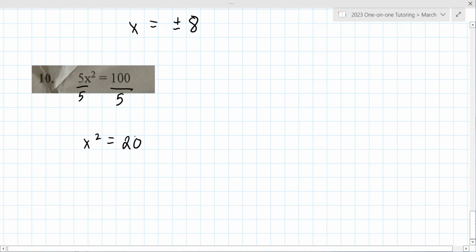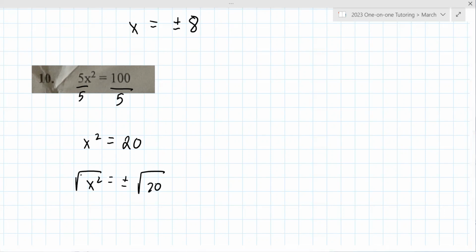And you might say, well, I'll just take a square root, just like we've been doing. And that's fine. You can do that. But this is not a perfect square root. And that's where it says to simplify all radicals.